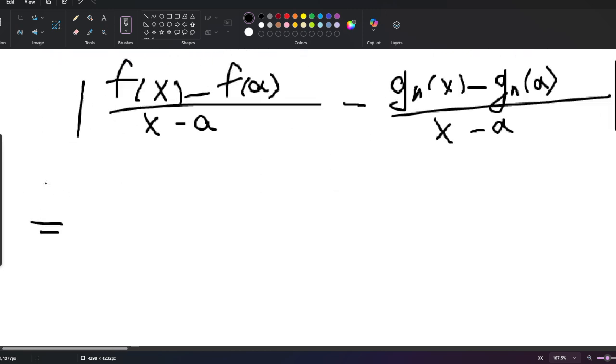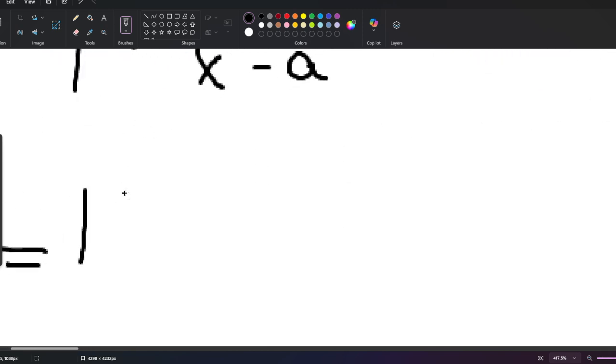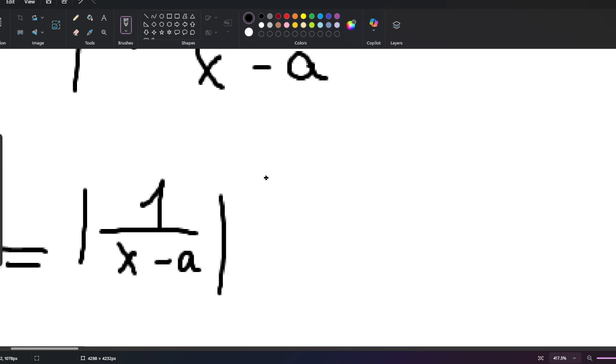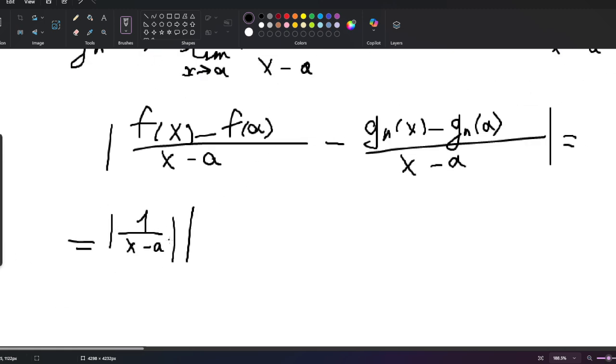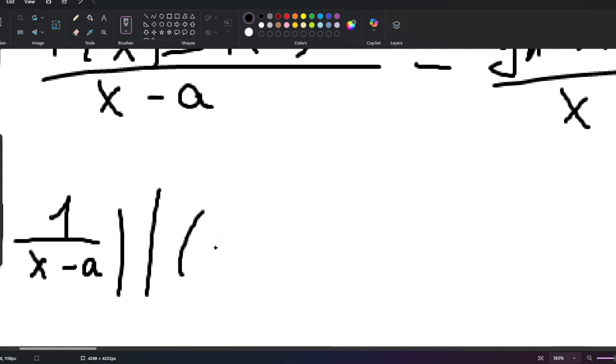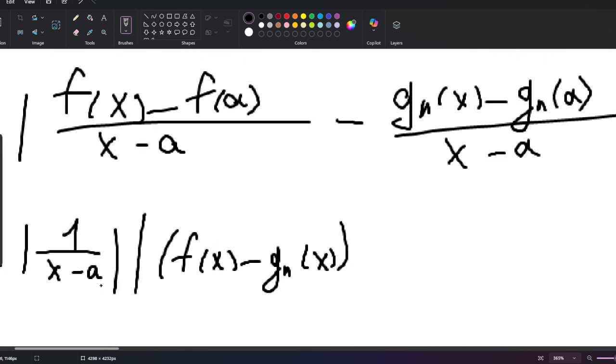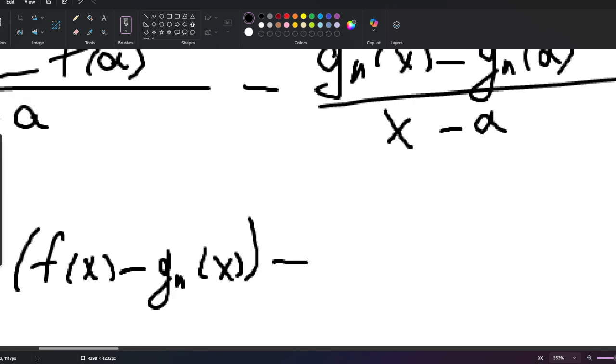It's going to be equal to the absolute value of 1 over x minus a, let's just bring it out. And inside this absolute value, we're going to have f of x minus g n of x minus f of a. Actually, let's just write it down as plus g n of a minus f of a.